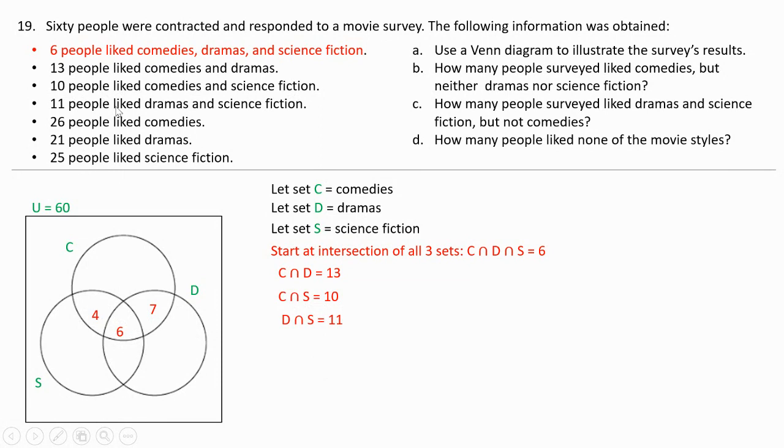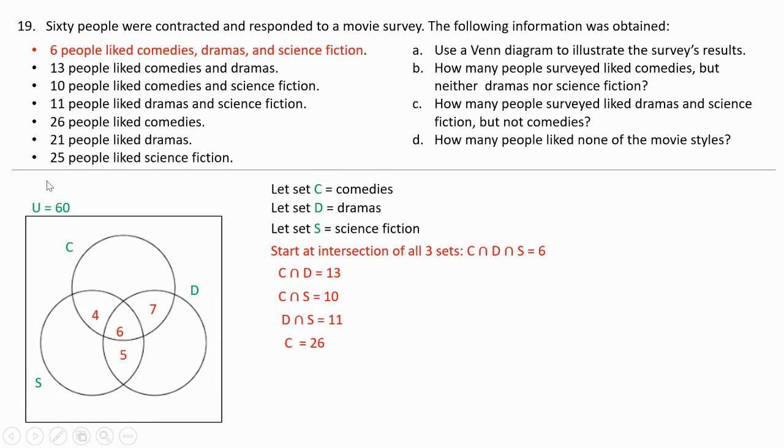Okay, now, 11 people like dramas and science fiction. So that's going to be D intersects S, which will be these two sets here. Since that's already 6, this has to be 5, because 6 plus 5 gives us 11.